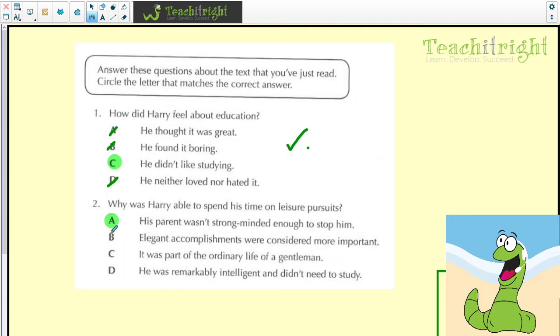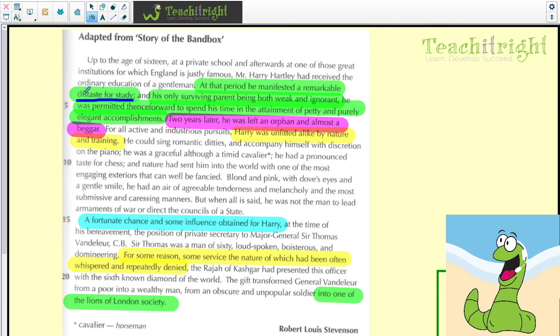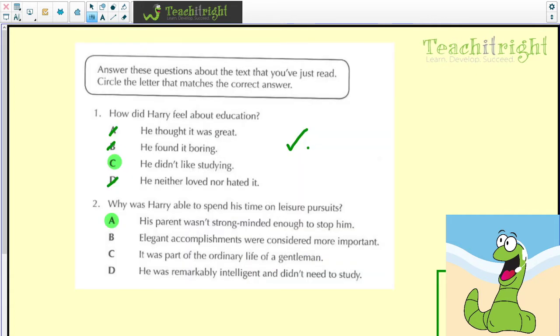So the answer was A, his parent wasn't strong-minded enough to stop him. If we go back here, it says that his only surviving parent being both weak and ignorant, being not particularly clever. So why was Harry able to spend his time on leisure pursuits? Well, his parent wasn't strong-minded enough to stop him.